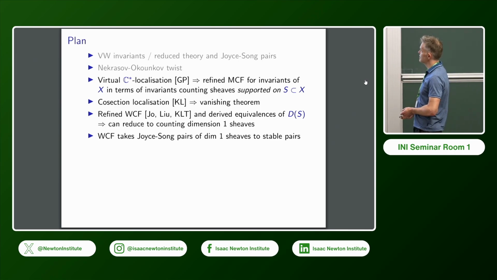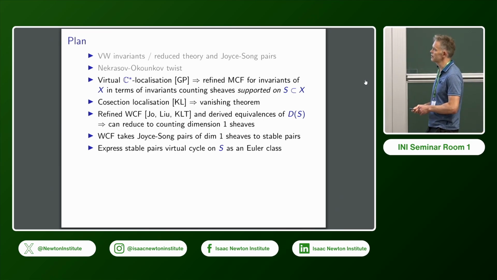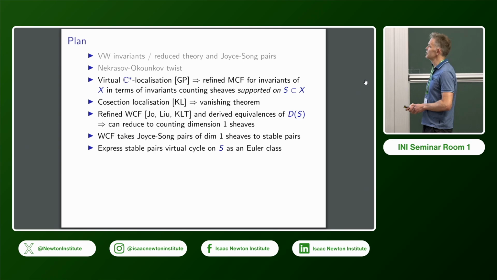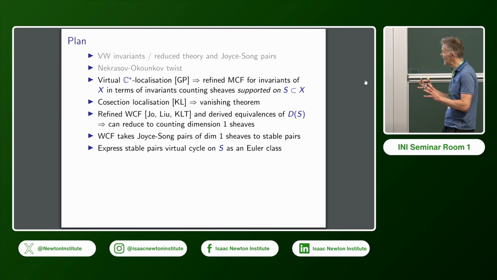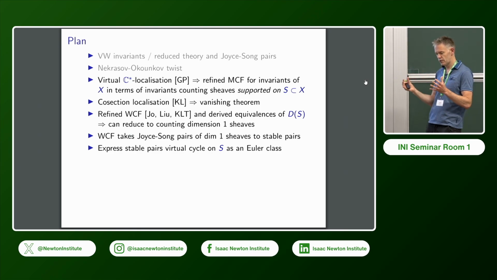And the reason that's good is because stable pairs have a fantastic property on a surface, any surface, which is that their virtual cycle can be computed, because more or less, and in the case of K3 surfaces more, it's really true, the moduli space of stable pairs on a K3 surface has a global Kuranishi chart, so that it can be expressed as the zero locus of a section of a vector bundle over a smooth ambient space, which is explicit.